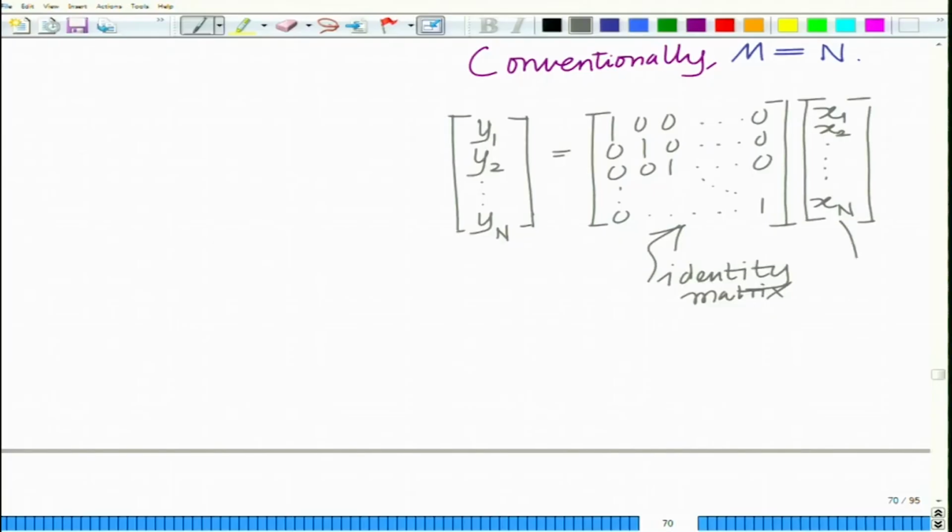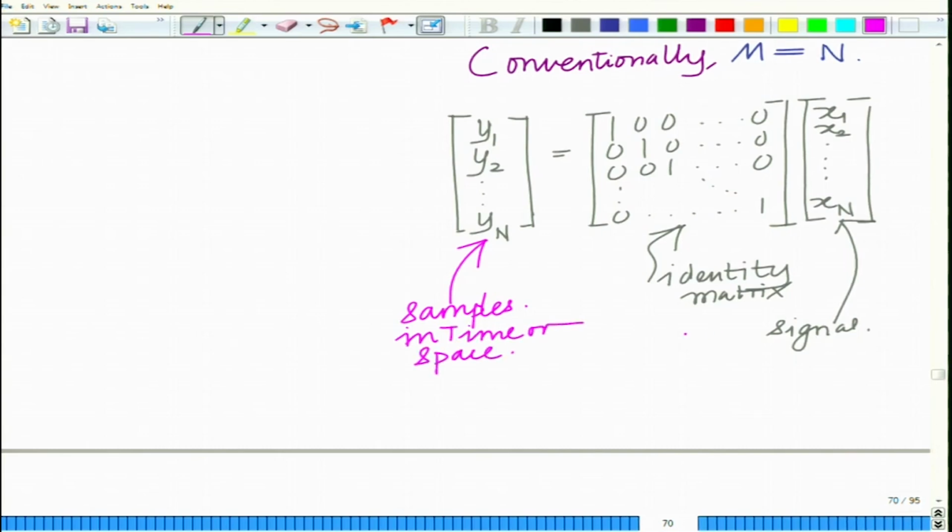This is the signal, and these are the samples, in time or space. For instance, for an image, these can be in space.